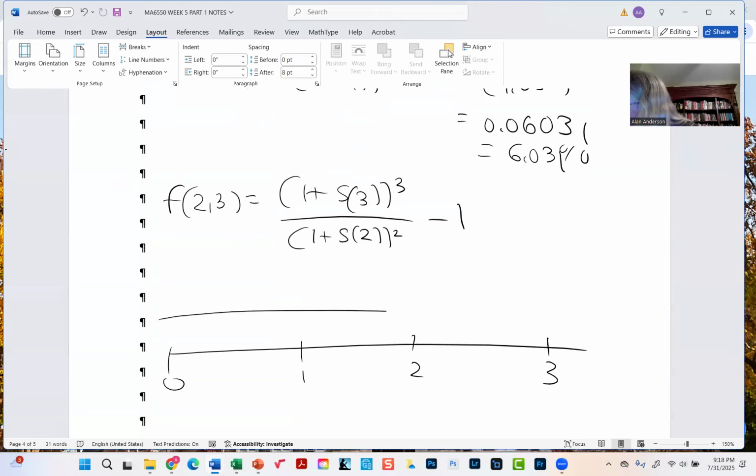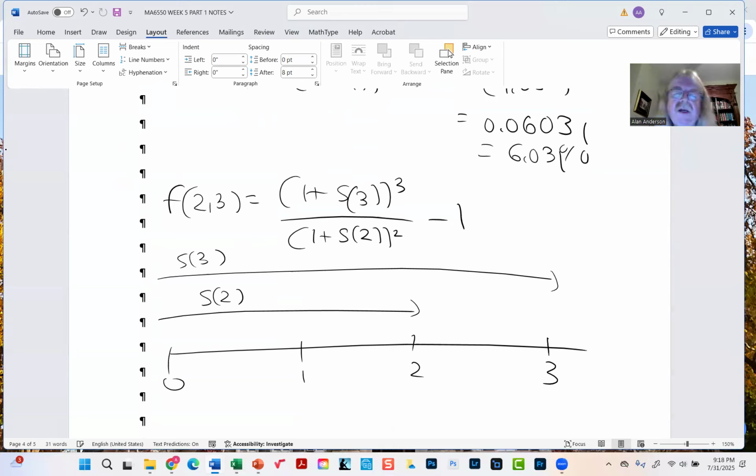You're taking the spot rate and equalizing the returns between investing in the 2 year spot rate for 2 years and then rolling it over for 1 more year, and the 3 year spot rate. So altogether, this is a 3 year investment any way you look at it. So the numerator has an exponent of 3 and the denominator has 2.